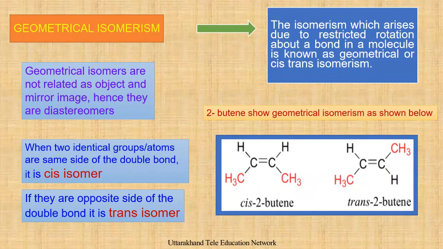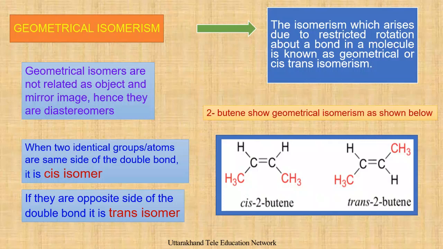An isomerism which arises due to restricted rotation about a bond in a molecule is known as geometrical or cis-trans isomerism. The carbon atoms of the carbon-carbon double bond are sp2 hybridized. The carbon-carbon double bond consists of one sigma bond and one pi bond, and the sigma bond is formed by the overlap of sp2 hybrid orbitals.